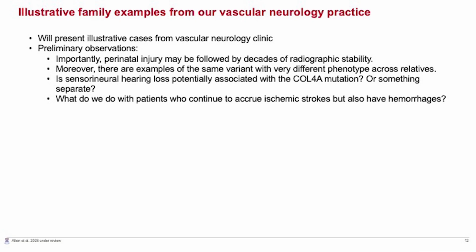And there are examples of the same variant, meaning the same mutation, but very different phenotypes or presentations across relatives. And then I have a patient with sensorineural hearing loss, very young. Is this associated with Gould syndrome or something separate? And what do we do with patients who continue to accrue ischemic strokes but also have bleeds? Is there a way that we can help them?